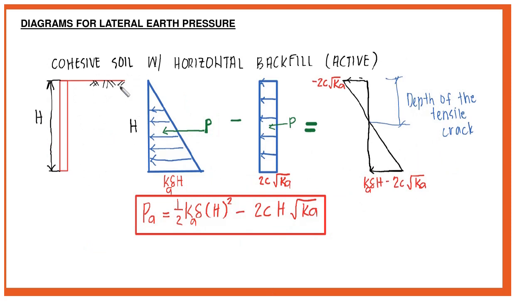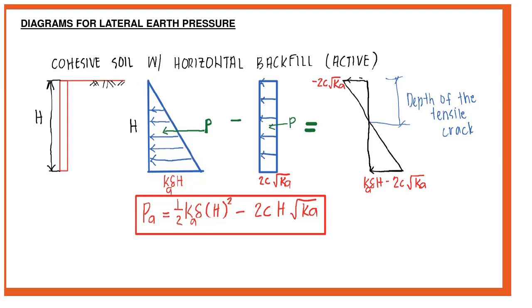Paano naman pag meron tayong cohesive soil with horizontal backfill? Meron tayong active kasi meron tayong backfill. Meron tayong horizontal backfill. Okay, say we have here our soil. This is due to our soil.